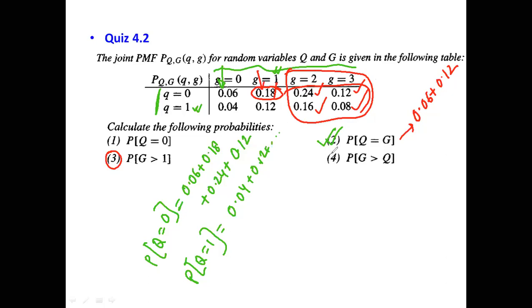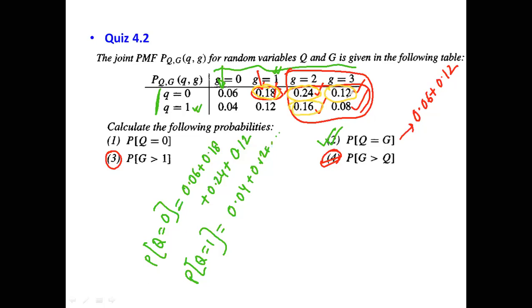Okay. What about number 4? In this case, we have to consider g more than q. Because in this case, we have to consider this one, because in that case g is more than q.